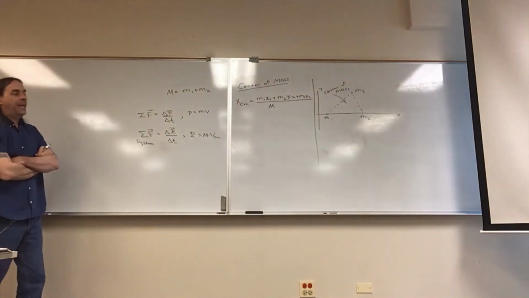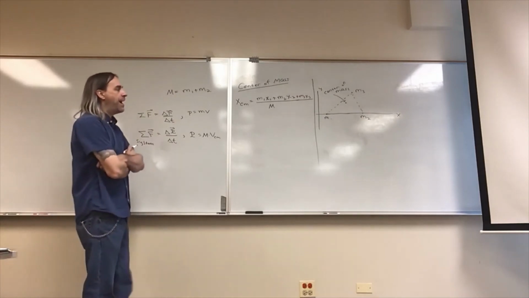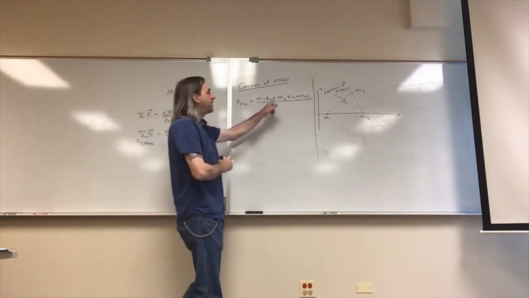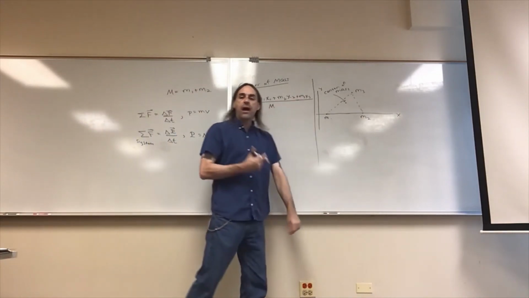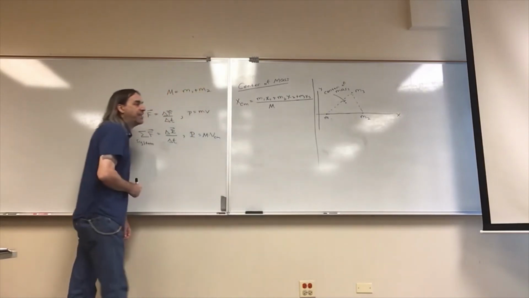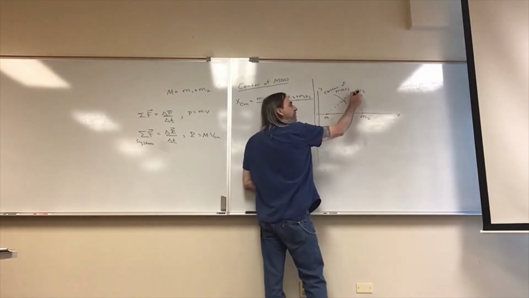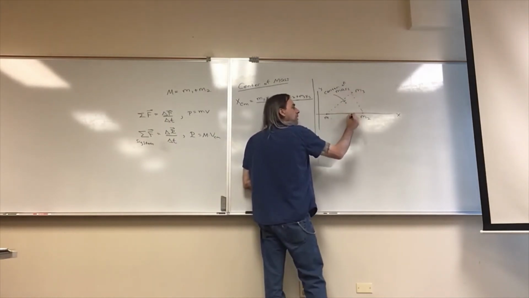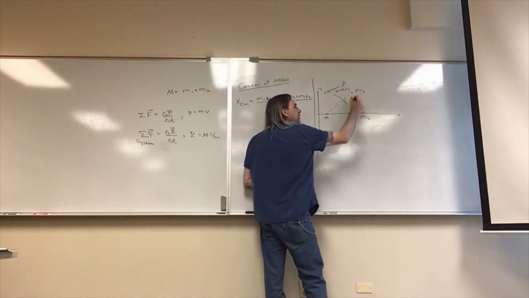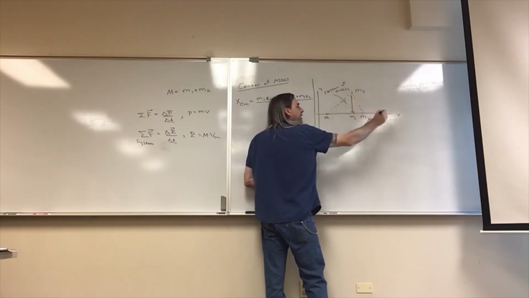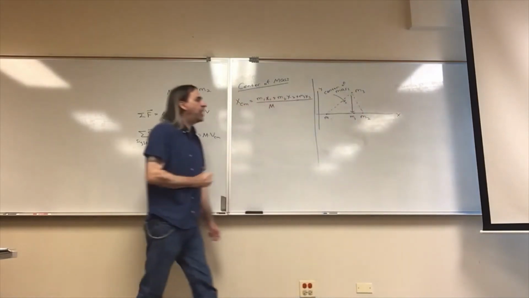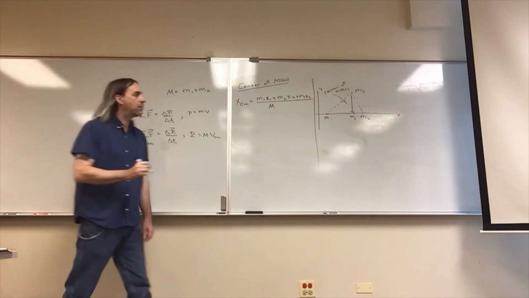So to find the x component of the center of mass, we only look at the x components of where the masses are located. So in this case, M3 is up here. If we moved M3 down to the x-axis, that would not change the x-coordinate of the center of mass at all.